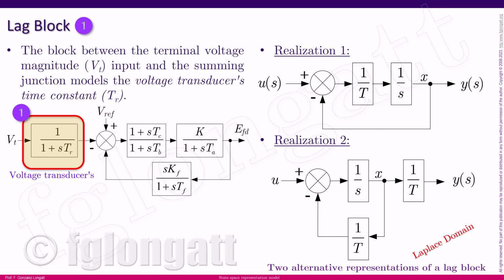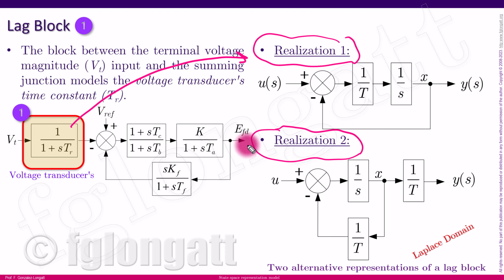What we need to do is eliminate the first order transfer function and convert it into very simple integrators. So when we look at block number 1, there are two options: one realization that I call realization 1 and realization 2.